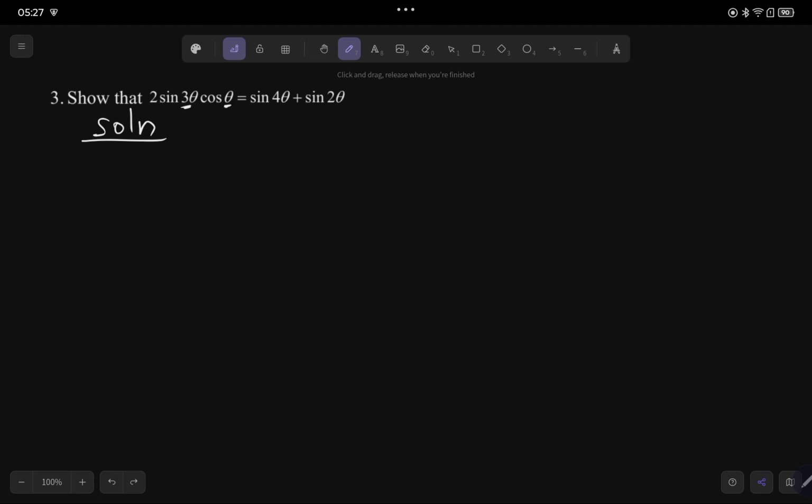So what if we let this 2 sine 3 theta cos theta be equal to, because it is sine cos, so it must be sine A plus sine B. We don't know these two angles, which we can get.